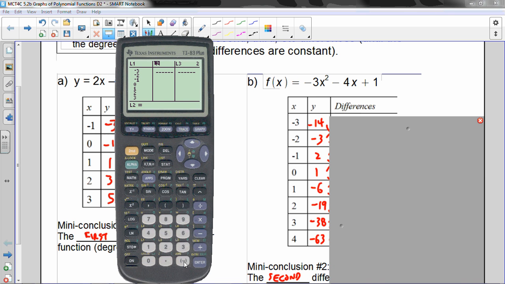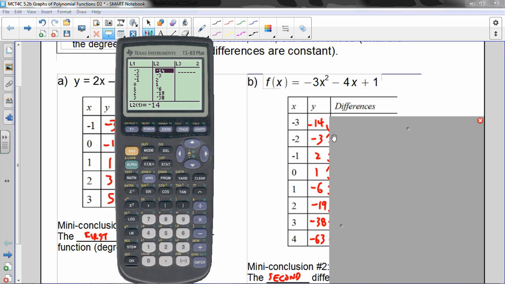So this is how it's going to work: -3 times whatever we have in list 1 squared, -4 times whatever we have in list 1, plus 1. Then I press enter, and bam, there's all the values. Rest of all this table business was actually easier, but I want to show you this.